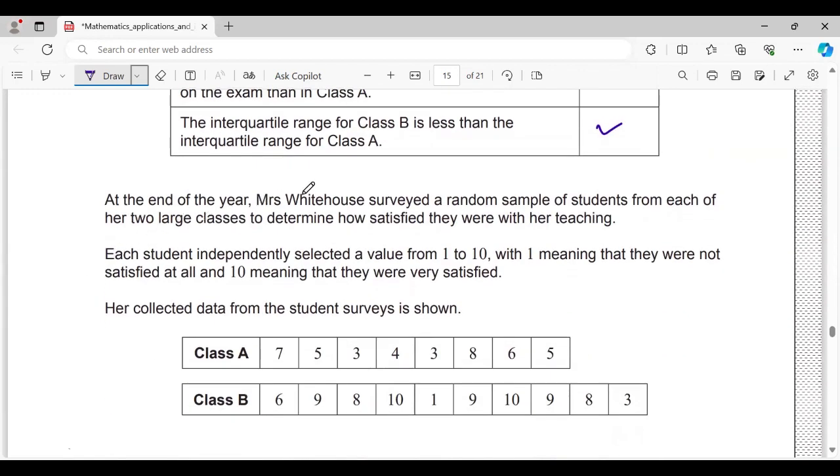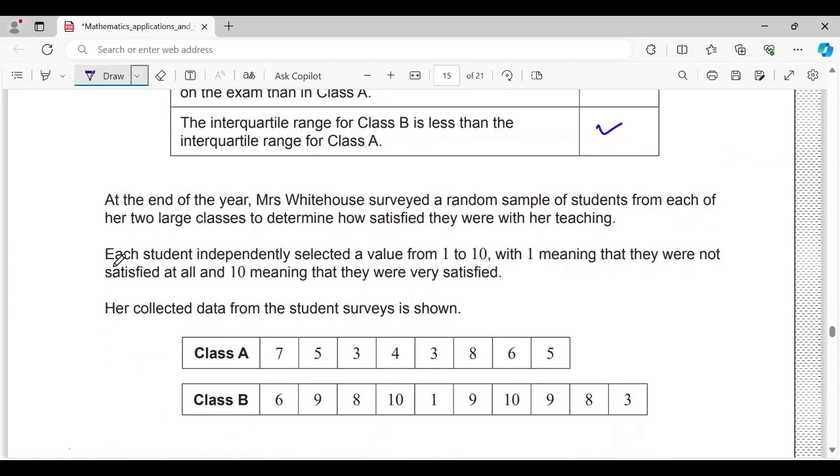At the end of the year, Mrs. Whitehouse surveyed a random sample of students from each of her two large classes to determine how satisfied they were with her teaching.